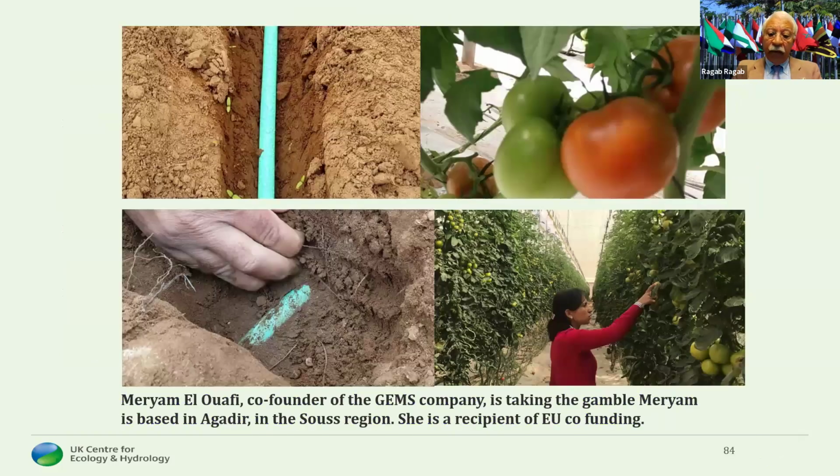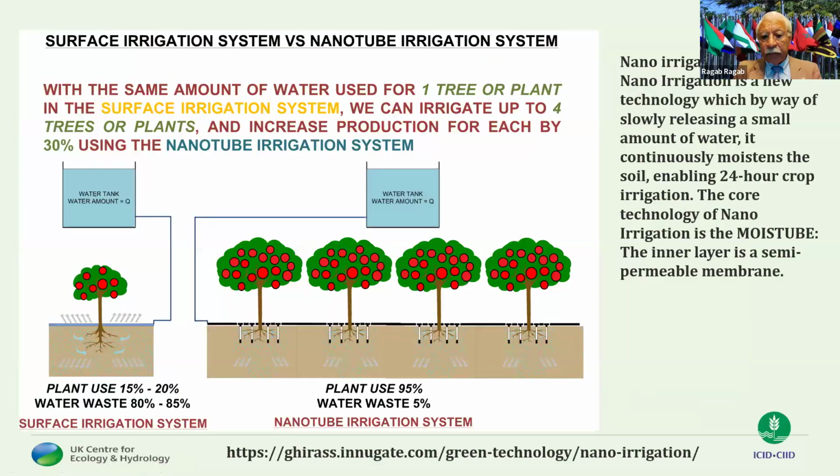So this is an example here from Morocco. It is funded by EU projects as well. And here you can see these tubes, and these tubes would seep the water slowly, 24 hours, and irrigate without being touched during the operation.